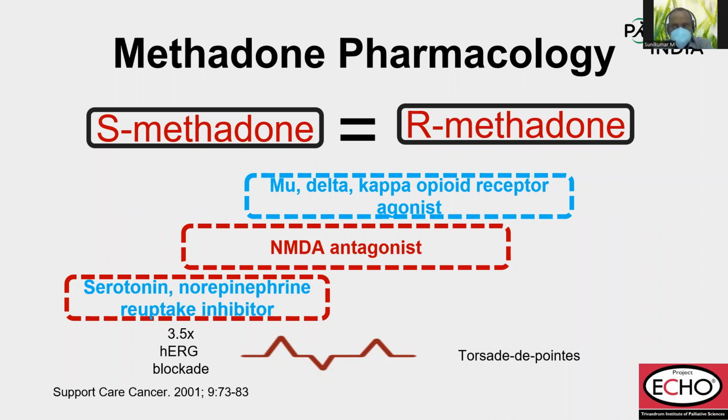Once the patient has torsades de pointes, sometimes it can cause sudden death of the patient. Okay. So the first three are beneficial effects, whereas the last one is more harmful to the patient. So this is the side effect which scares everybody to prescribe methadone.